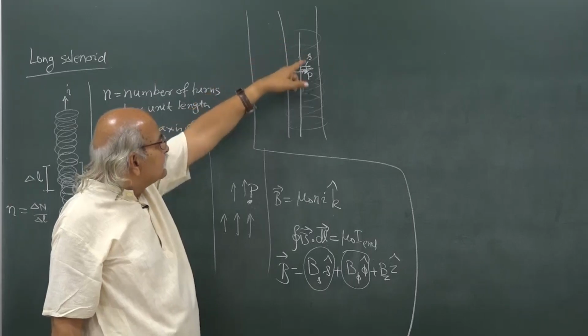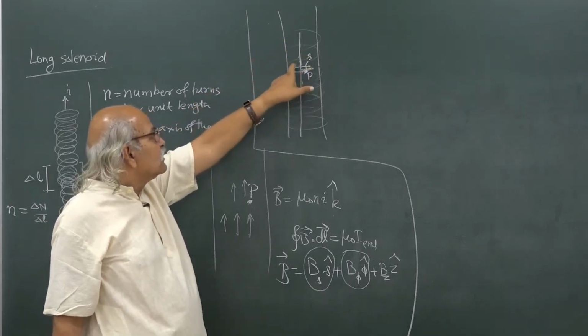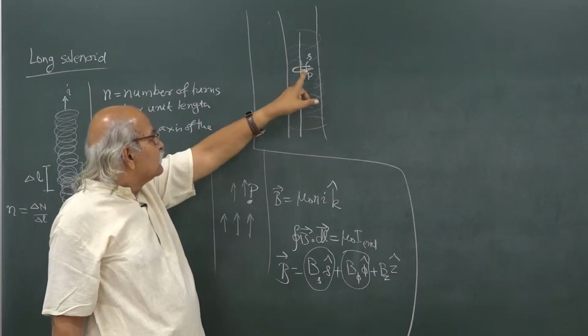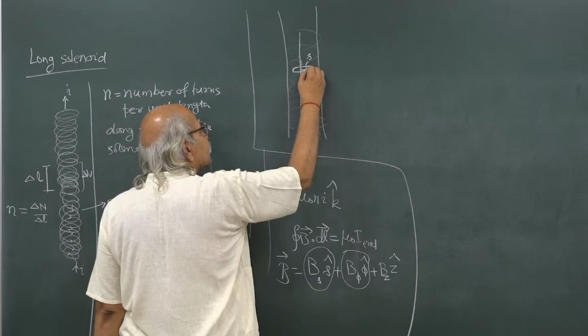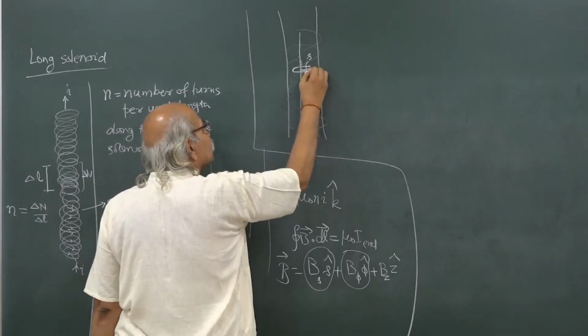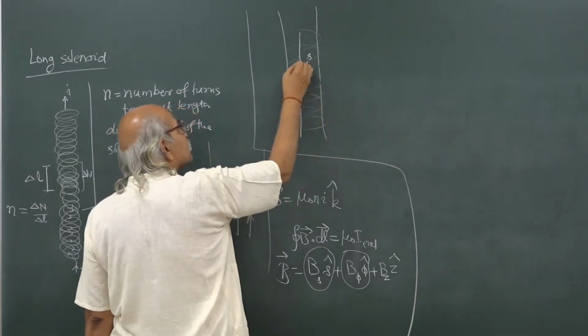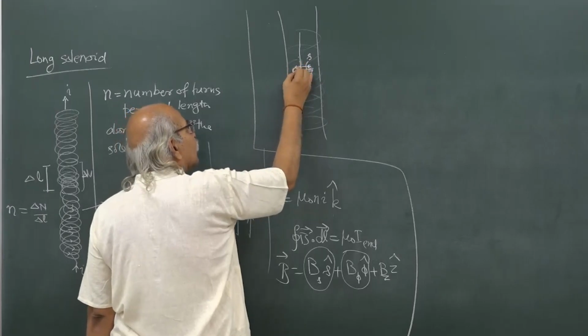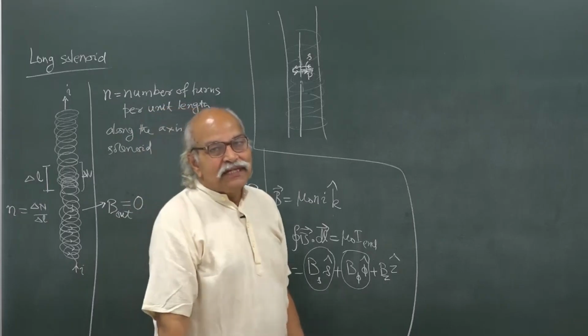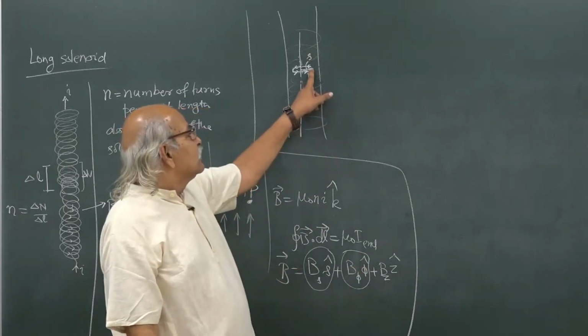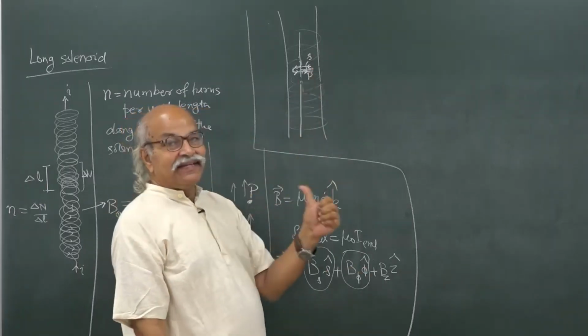On this loop we apply Ampere's law. First, let us see what happens if there is a phi component of the magnetic field along this dl. Can there be a component of the magnetic field in the direction of this phi cap?